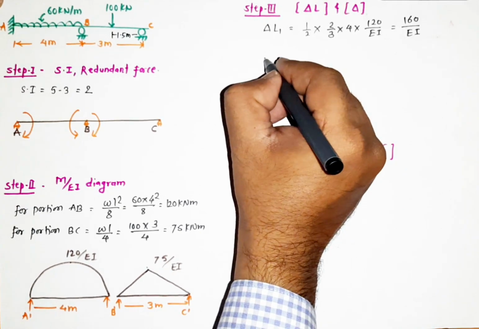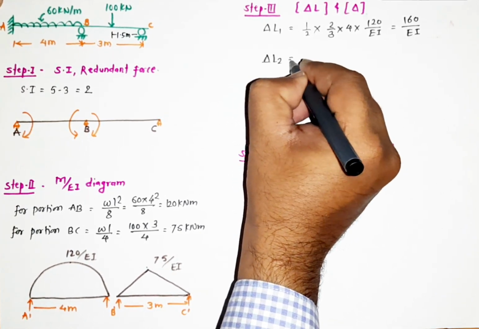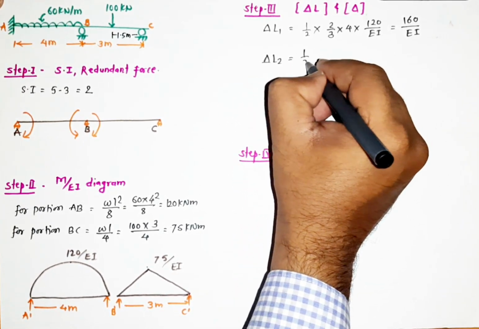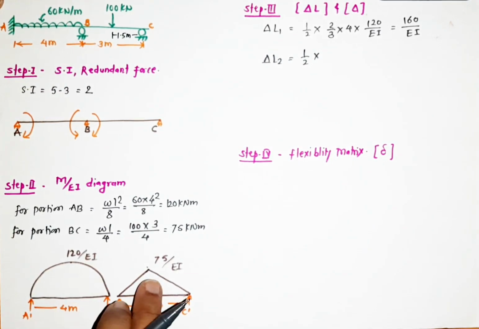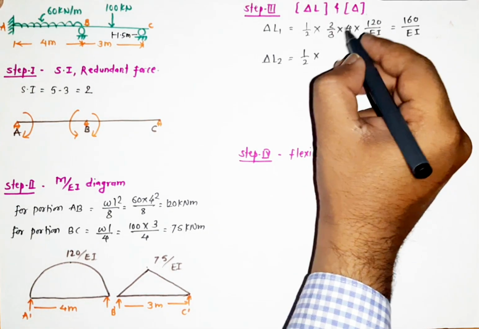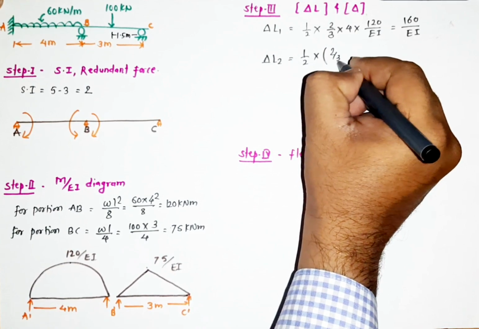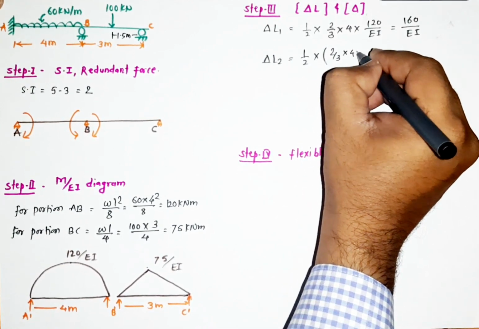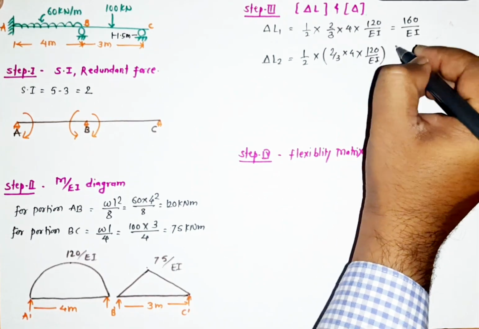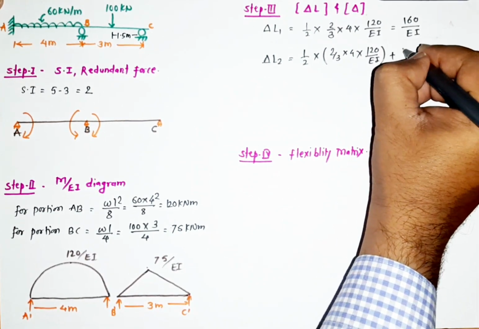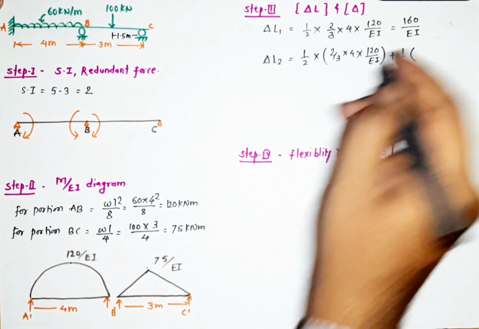And then for delta L2, that is the second value, it will be 1/2 of the area for this plus the area for this particular triangle, that is 1/2 into 2/3 of base into height 120 upon EI, plus 1/2. Half is what?